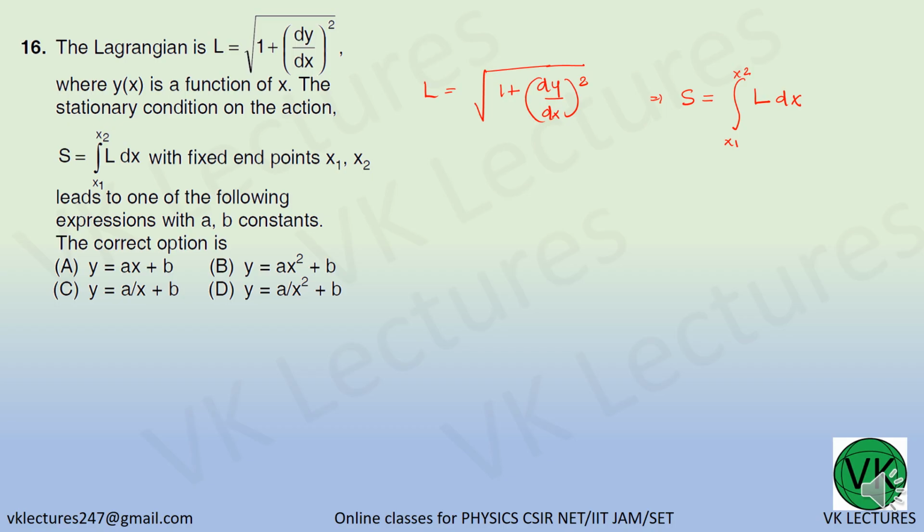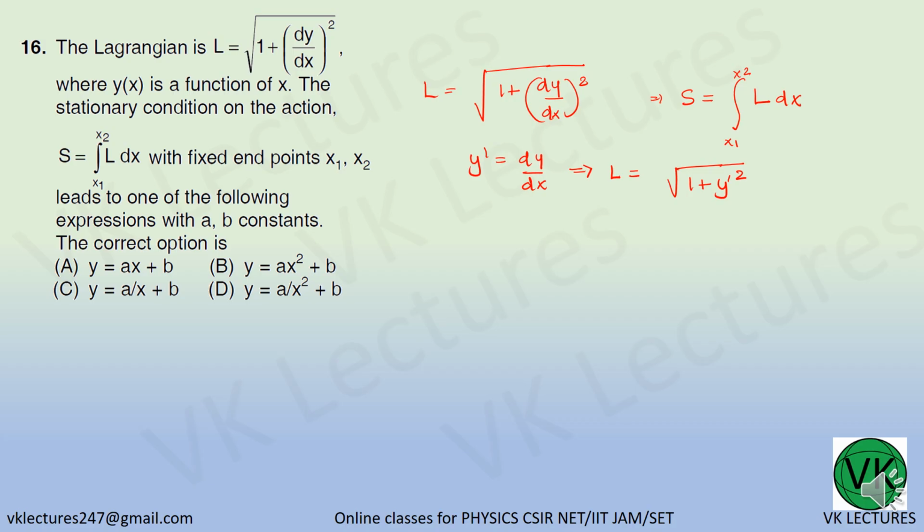Now let's rewrite this. Let's write y dash is equal to dy by dx. Then the Lagrangian we can write as equal to root of 1 plus y dash squared.